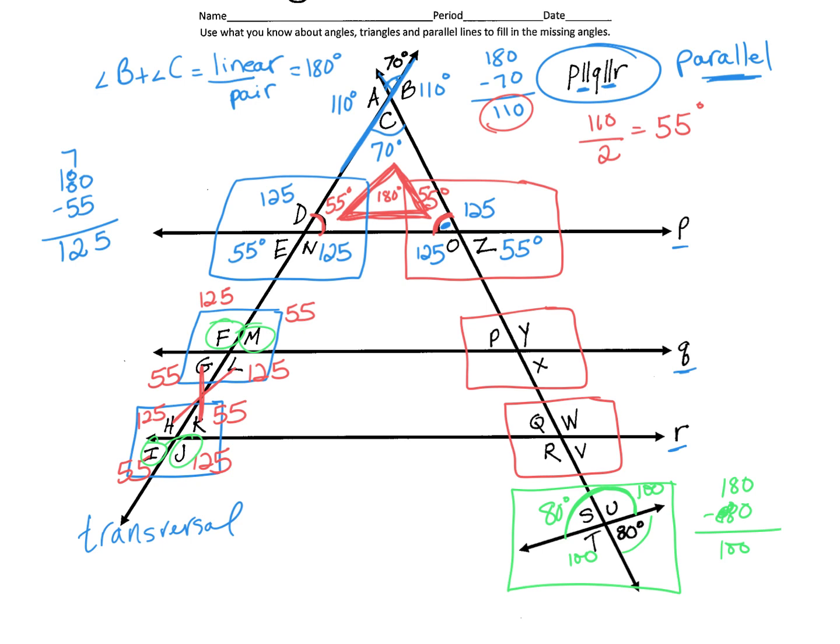At R, that's these two angles and these two angles. Those aren't congruent to each other, but 125 and 55 do add to 180. So with our numbers, you'll see that the corresponding angles are always congruent.